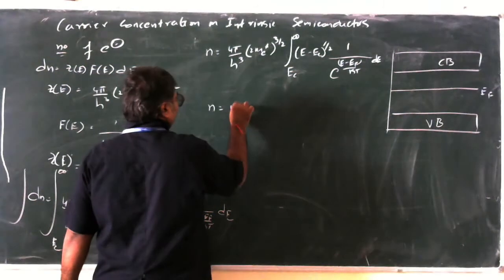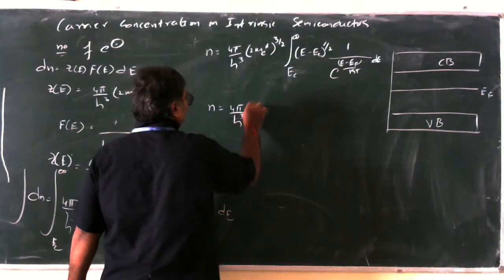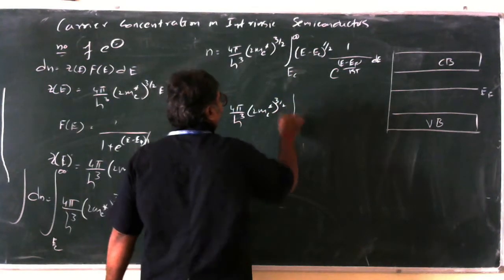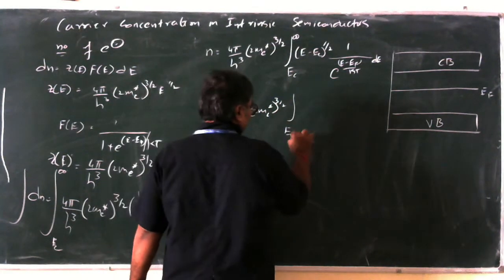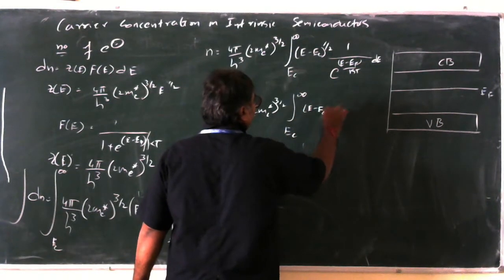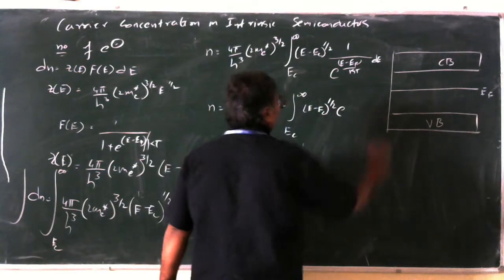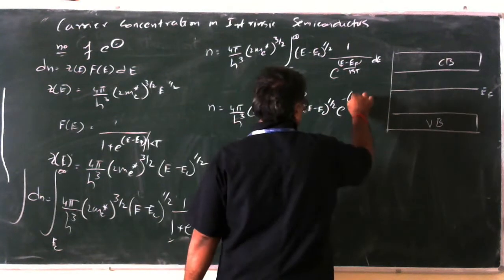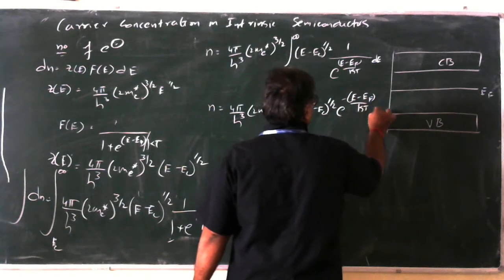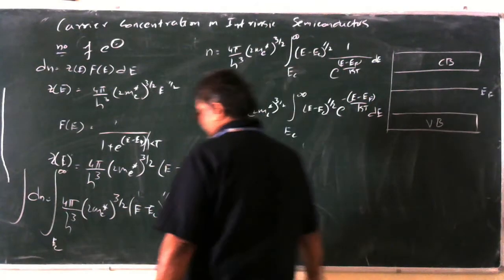N equals 4π by h cube into (2 me star) whole power 3/2 into the integral from Ec to infinity of (E minus Ec) whole power 1/2 exponential of minus (E minus EF) by kT into dE. So this is what we got.